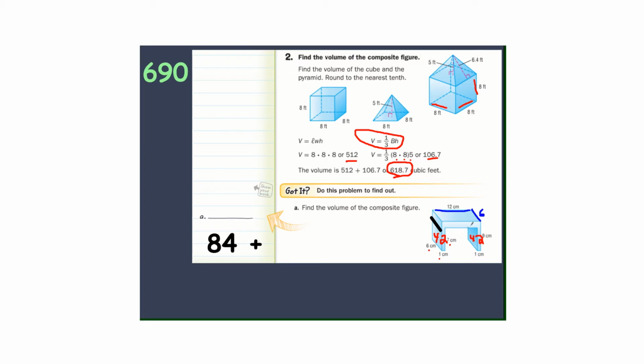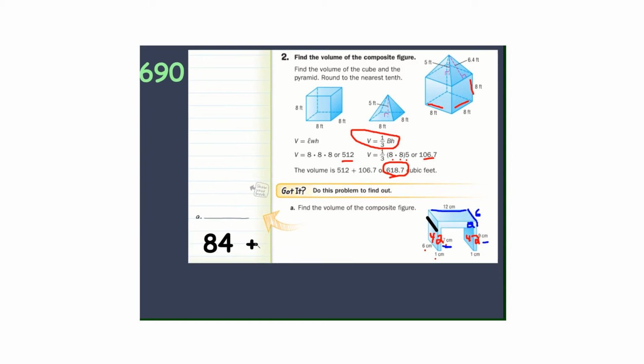I forgot that this piece right here is 2, and that's my mistake. Because this is 7 here, and this is 9, that means this part right here is 2. So we have 72 times 2 is 144, plus my 84.